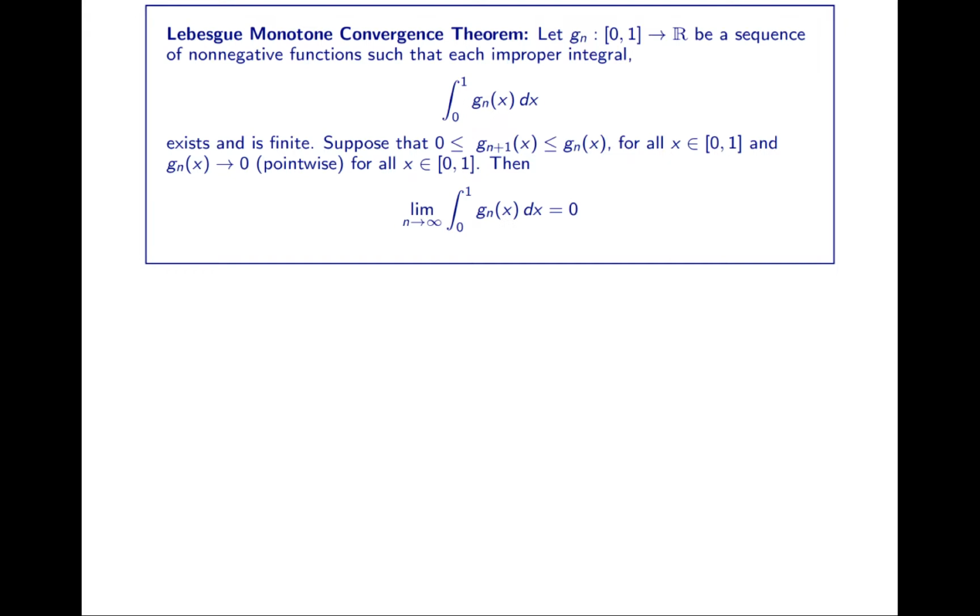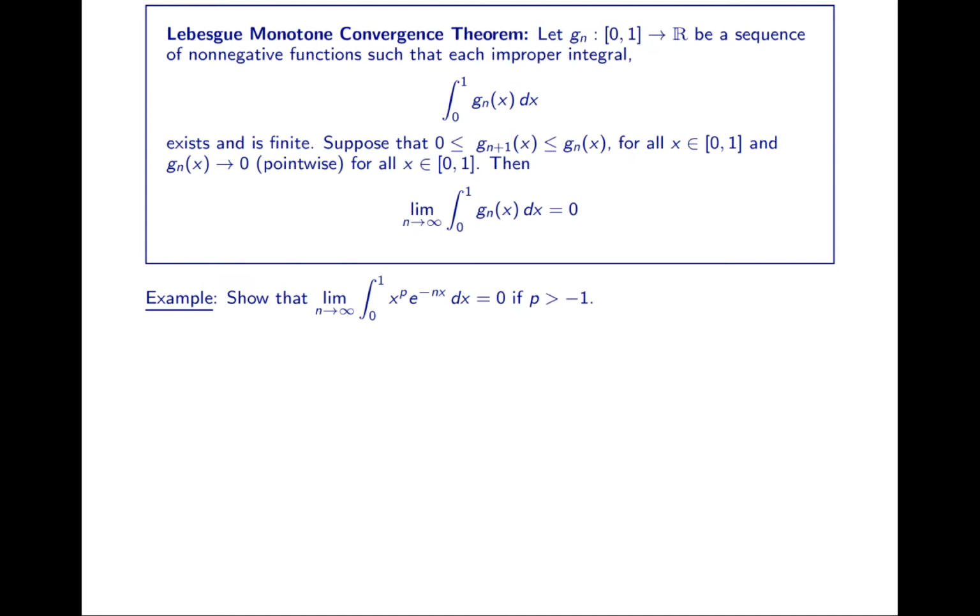So we have a monotonically decreasing function. And that's true for all x in the interval 0 to 1. And suppose that this decreasing function converges to 0 pointwise for all x between 0 and 1. Then the limit as n goes to infinity of the integral of Gn of x is 0. Now remember, we said that the integral from 0 to 1 of Gn of x exists. If I take the limit of those integrals indexed by n, I get 0, according to the Lebesgue monotone convergence theorem.